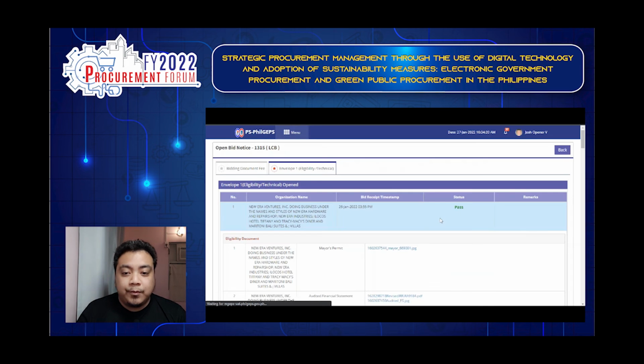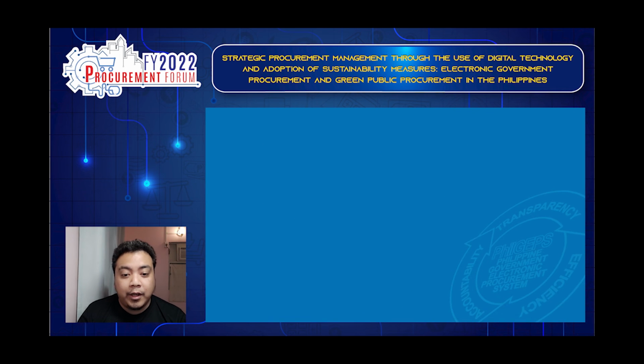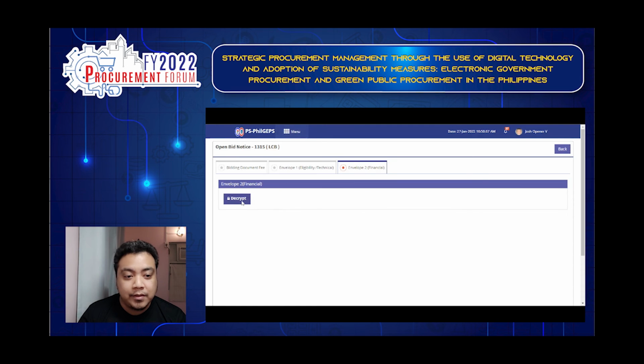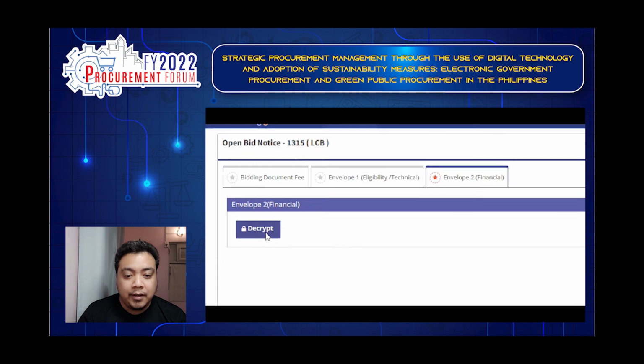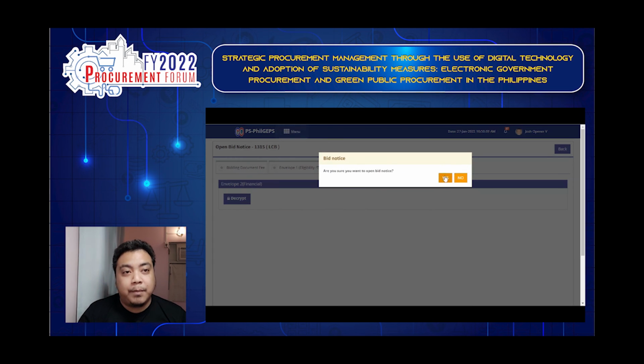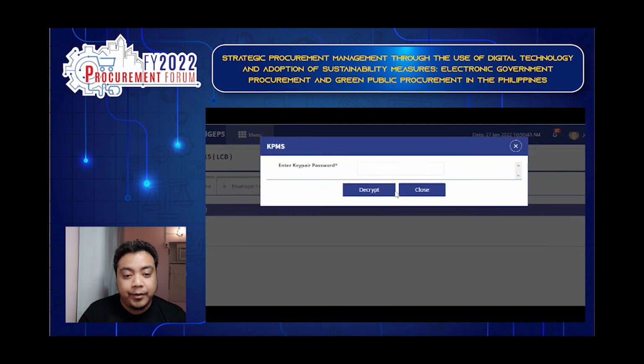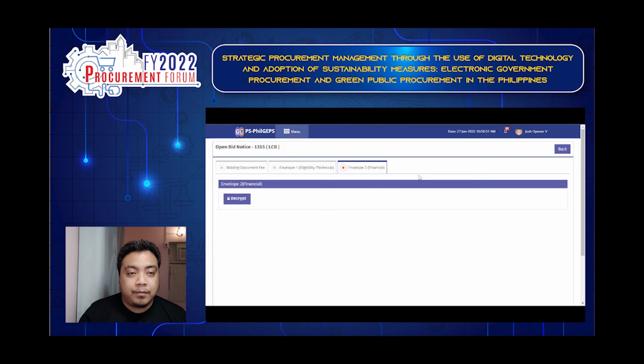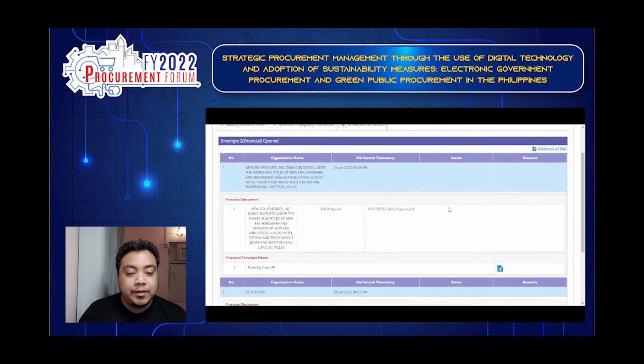So once we're done in the eligibility, we proceed to the financial. So again, it needs to decrypt the financial documents. Click yes, and then enter the key pair password of the bid opener. Then click decrypt at madi-decrypt natin yung mga documents.